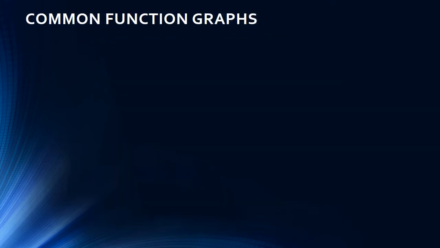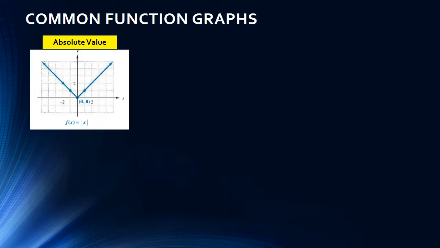So I'm going to just show you some common graphs. These are in your textbook as well, and you should know these general shapes. Absolute value, you'll see it in the description, f of x equals the absolute value of x, is just the non-negative value of whatever the function is inside. In this case, it's just x.